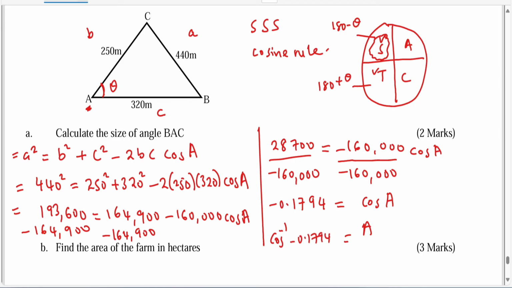But sikizeni hapa, ukifanya cos inverse ignore the negative part, sawa? Ama ukifanya, najua answer watu wengi itakupa negative, just ignore that part. So utachukua cos inverse, hata ukitafuta cos inverse ya negative 0.1794, kuna calculator zingine itakupa 100 kamili, okay.